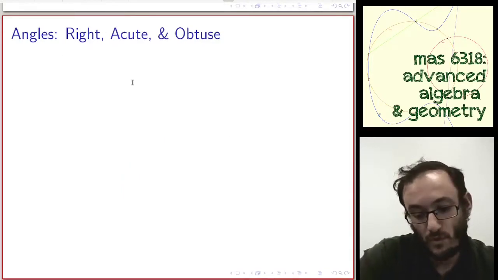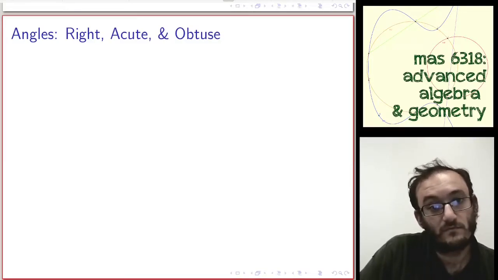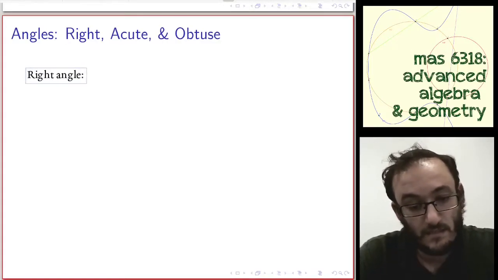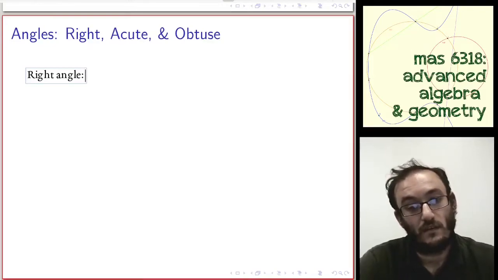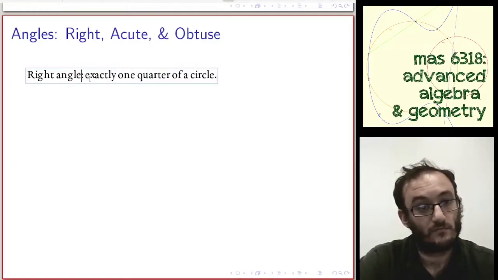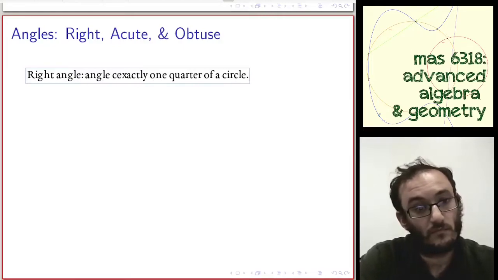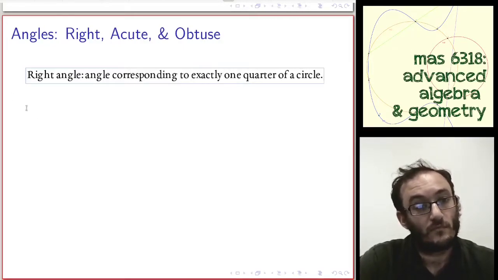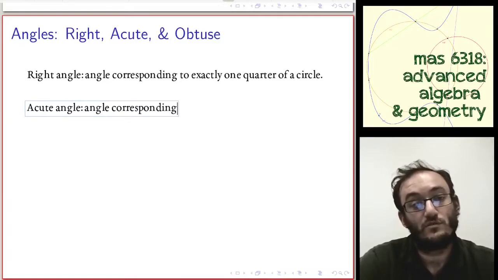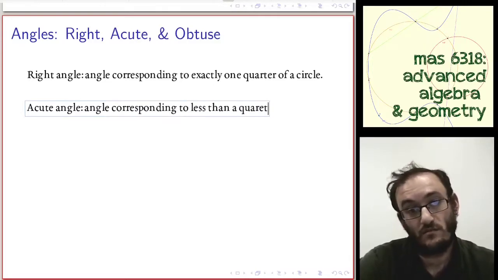Okay, so what is a right angle? A right angle is exactly 1/4 of a circle. An acute angle, of course, is an angle corresponding to less than 1/4 of a circle.